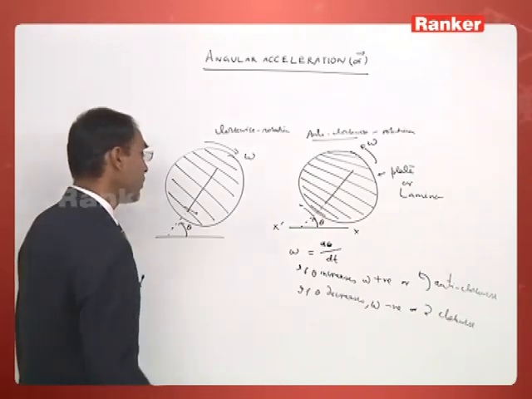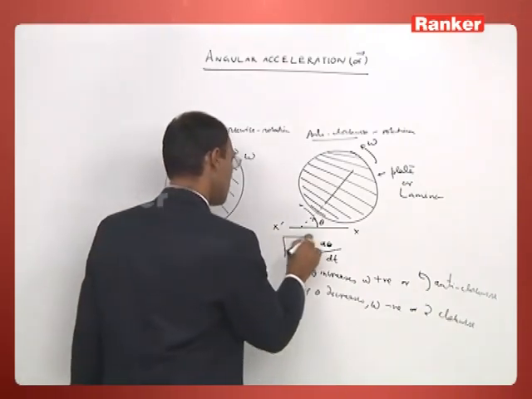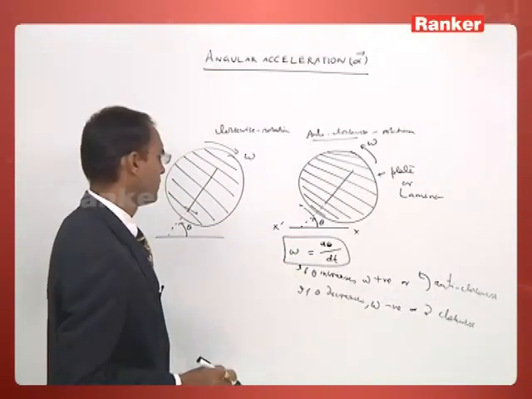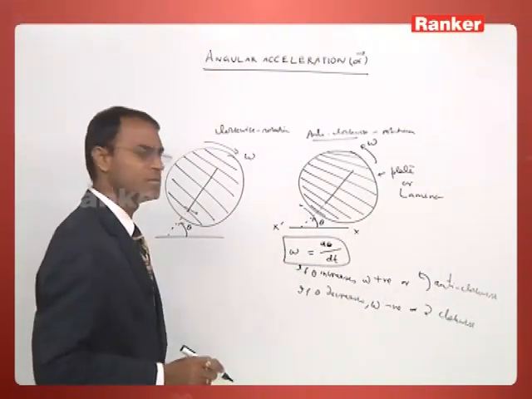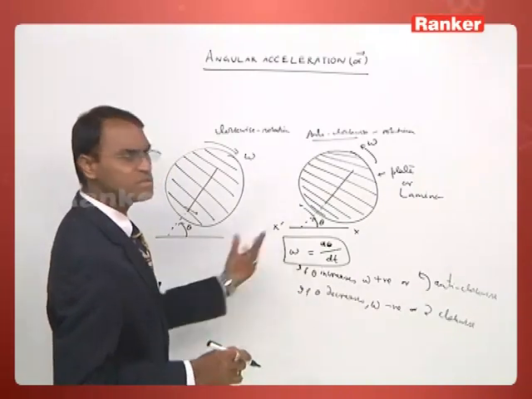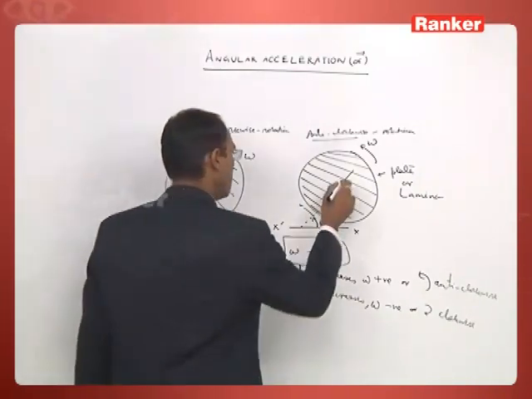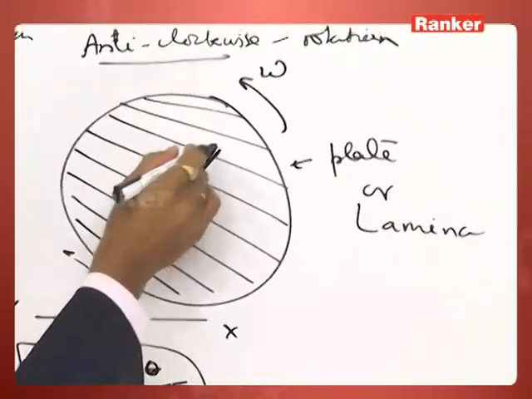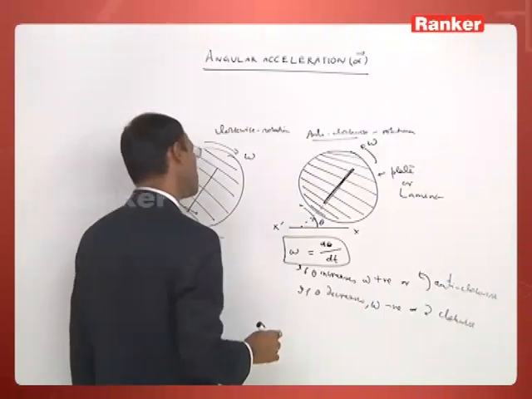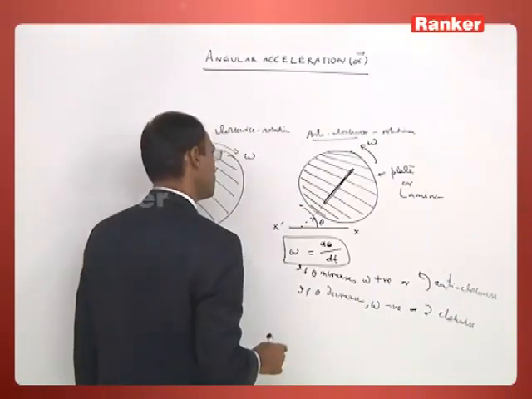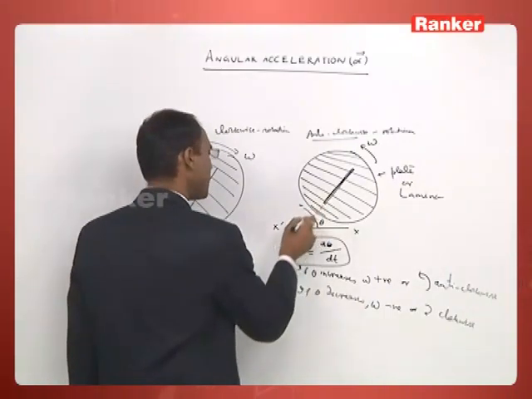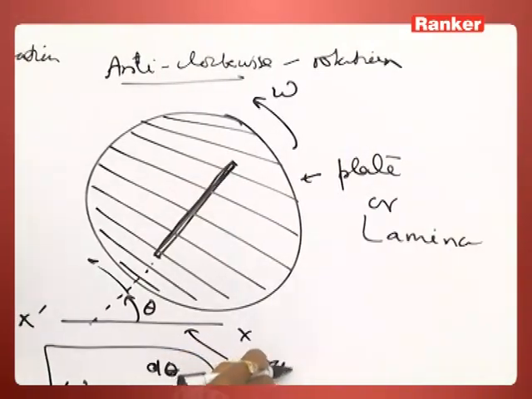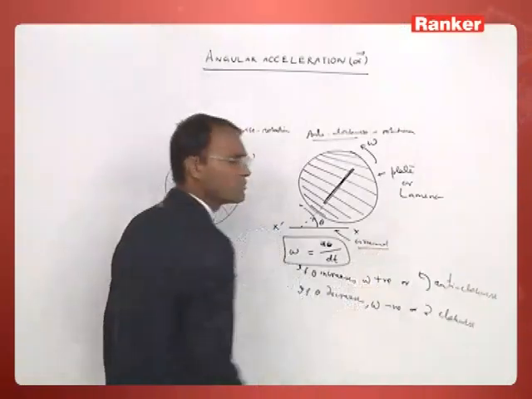So the concept of omega is derived or defined or explained or expressed by taking the straight line drawing on the rigid body, and measuring its angle of inclination with respect to a fixed line which is fixed with respect to ground.